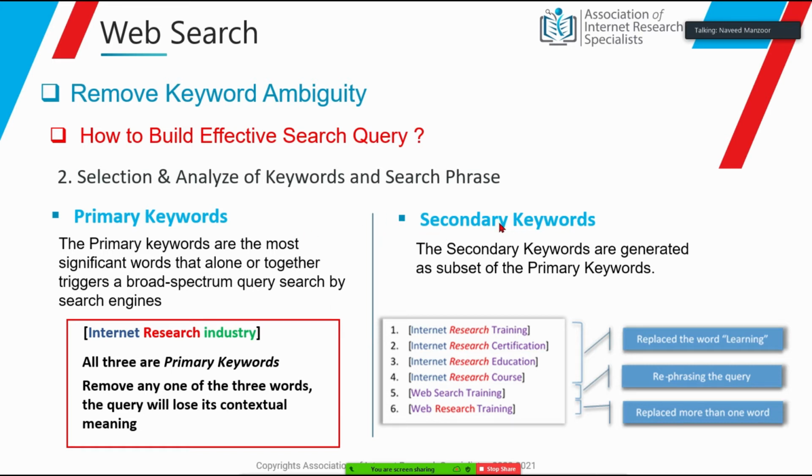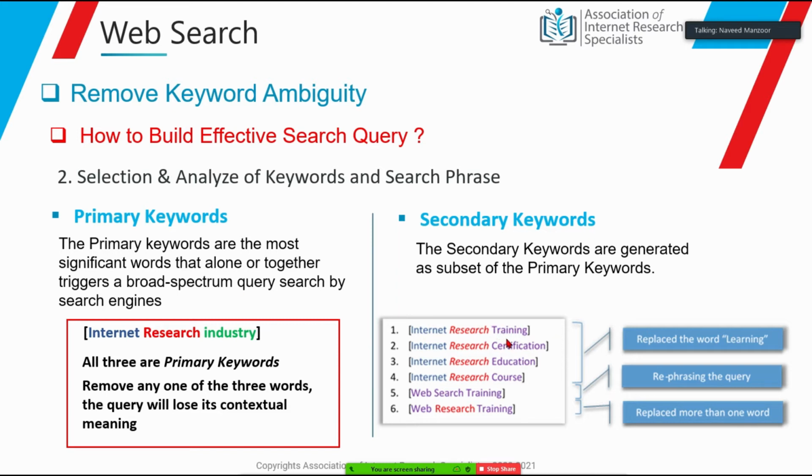Then the secondary keywords are slightly more optional, and if you do provide secondary keywords, that means keywords that would give it a better context. In this case, supposing we are looking for a program or a training program or a certification, anything to do with internet research, we would give instructions by giving two keywords, internet and research, as the primary keywords, and leaving the third one as an option for the researcher to consider as a secondary keyword.